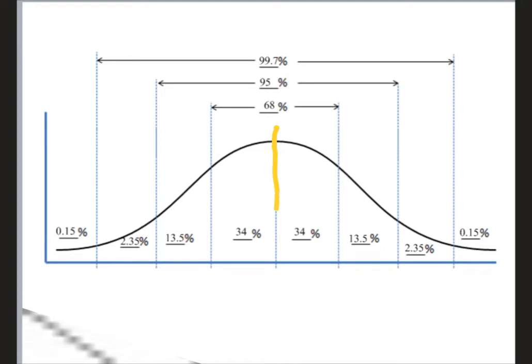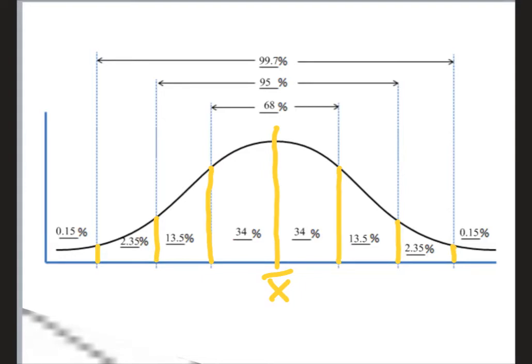This middle line here is going to be your mean. So the average of the data is going to fall in the middle. I'm going to show you later how to find the lines to the right and to the left because they are going to be numbers as well.